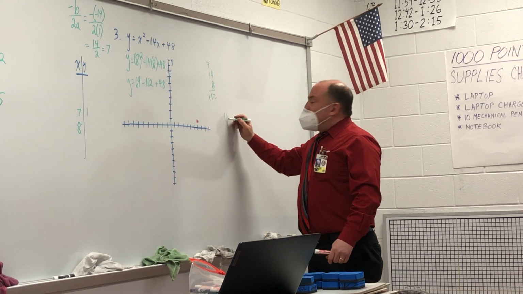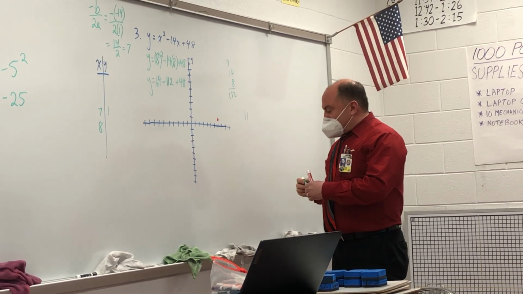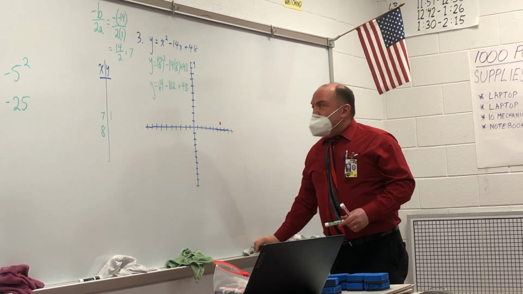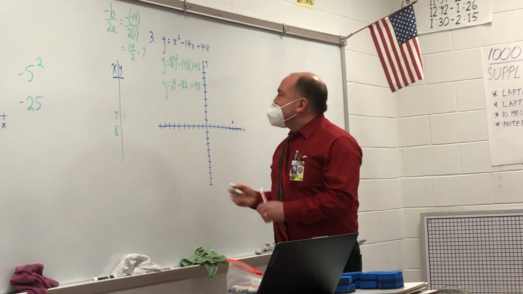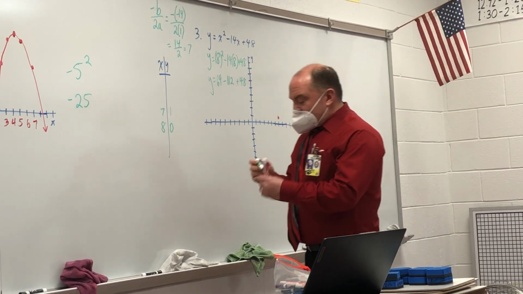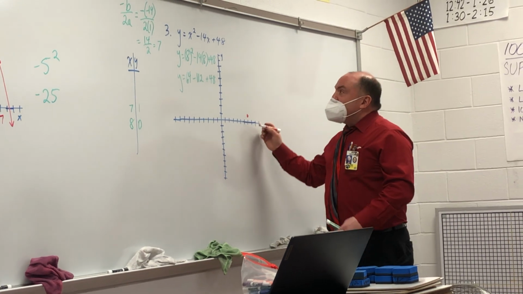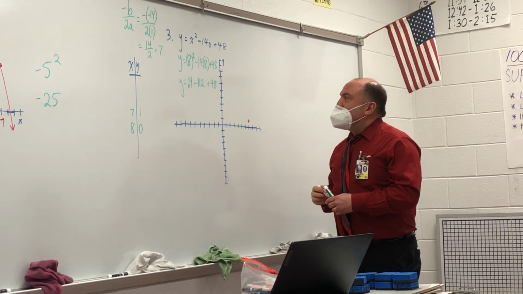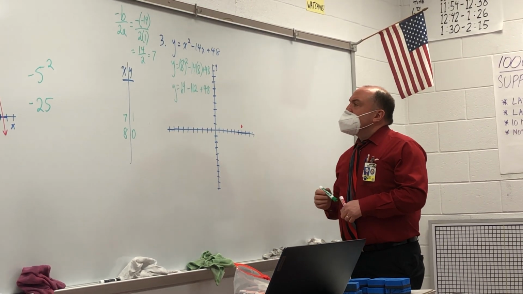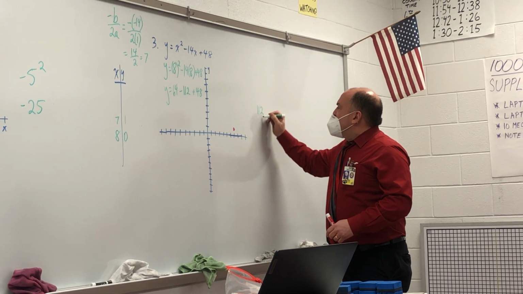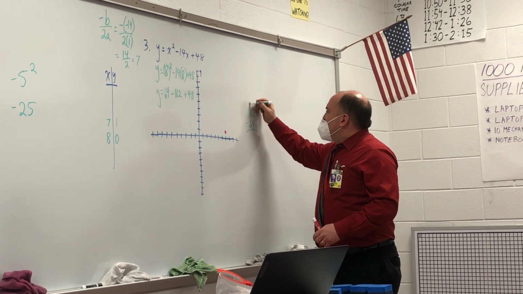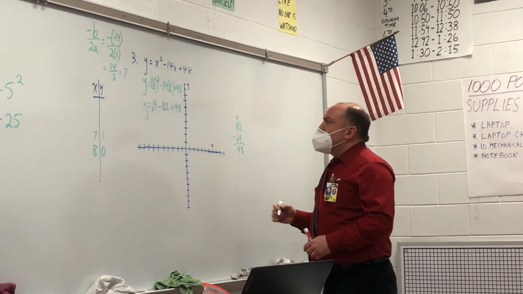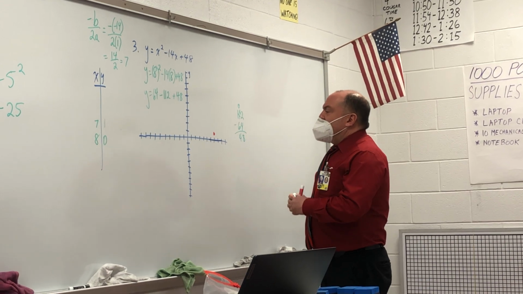Negative 48. And then plus 48 is going to be 0. So 8 gives me 0, which means I've done something wrong. Gosh darn it.